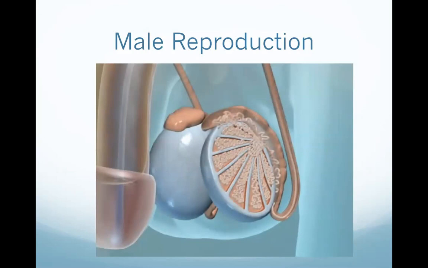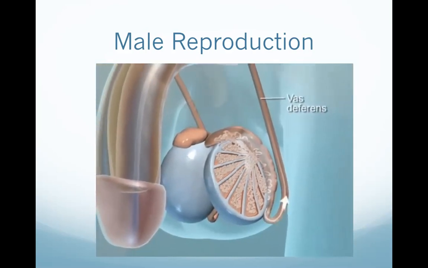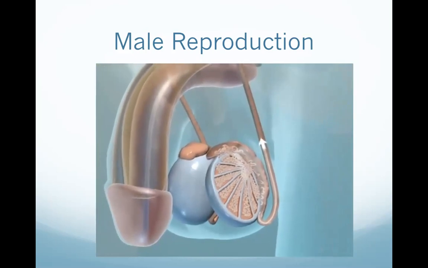The interior of each testicle consists of multiple lobules containing 2 or 3 seminiferous tubules. It is within these tubules that sperm formation begins. The sperm moves out of the tubules into the epididymis and then into the vas deferens. The vas deferens carry the sperm upward into the body cavity.